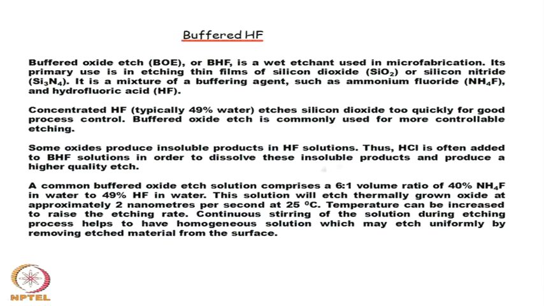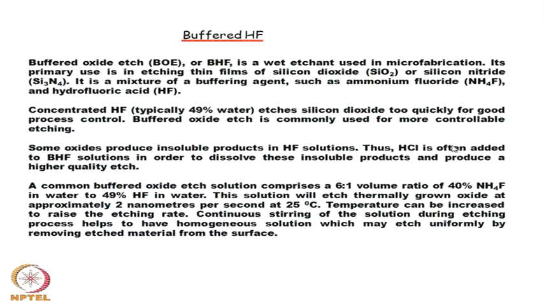Then some oxides produce insoluble products in HF solutions. Thus, HCl is often added to buffered HF solution in order to dissolve these insoluble products and produce a higher quality etch. A common buffered oxide etch solution comprises a 6:1 volume ratio of 40% NH4F.